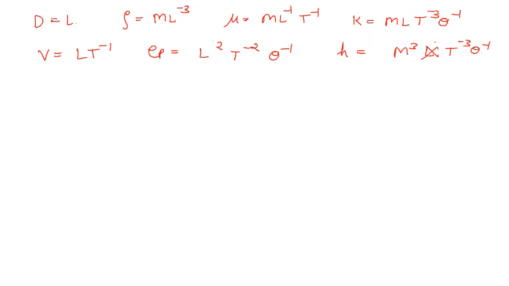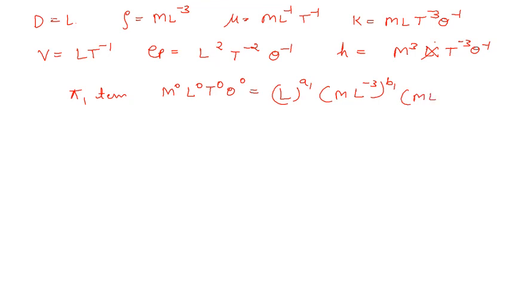So for the phi 1 term, M to the power 0, L to the power 0, t to the power 0 and theta to the power 0 equals L to the power a1, M L to the power minus 3 to the power b1, M L to the power minus 1 t to the power minus 1 to the power c1, M L t to the power minus 3 theta to the power minus 1 to the power d1, and then L t to the power minus 1.